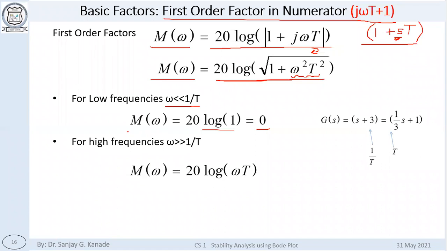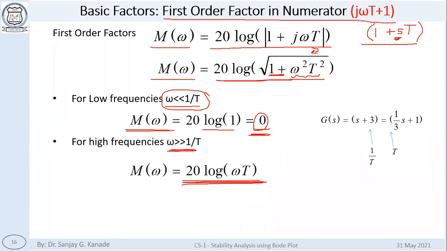That means the magnitude will be 0 for omega quite less than 1 by T. And when omega is greater than 1 by T, the contribution of the 1 when added is negligible, so we approximate it as 20 log of omega T. So for smaller frequencies the magnitude is 0, and for larger frequencies the magnitude is 20 log of omega T.